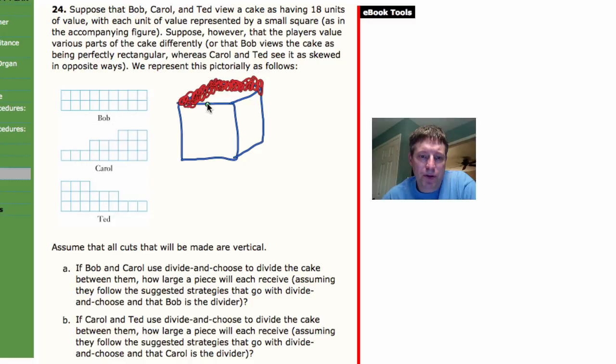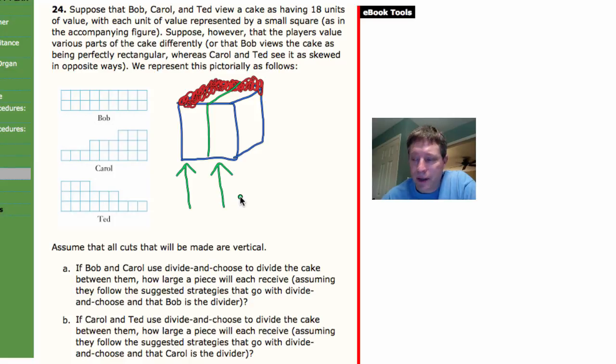So let's say the person that cuts the cake decides to cut it like this. From the cutter's perspective, both of these halves are equal. They don't see any difference between this piece and this piece.